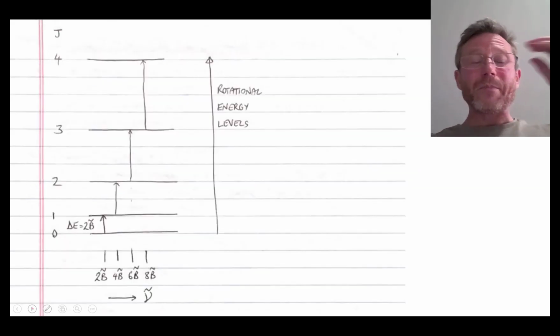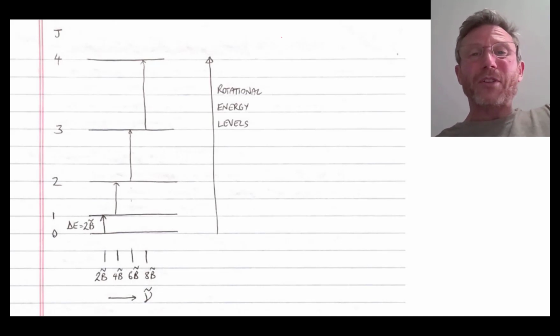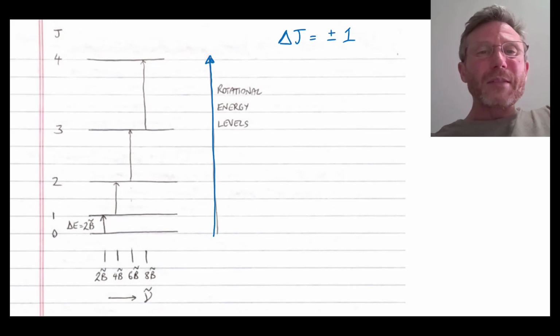The next part of the book, we end up thinking about, again, we've come across these selection rules, right? So delta J is equal to plus or minus 1. In this particular case, we're going to start thinking about how a transition occurs in these molecules.